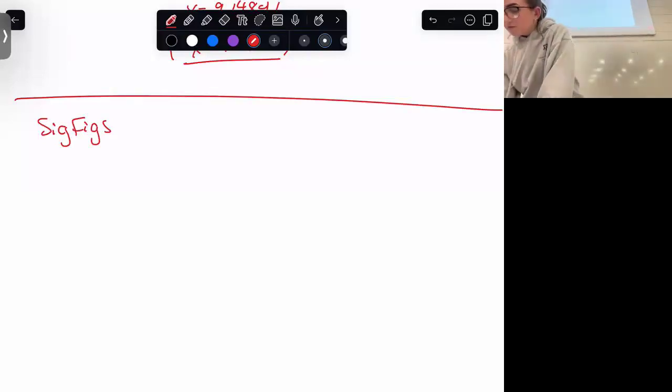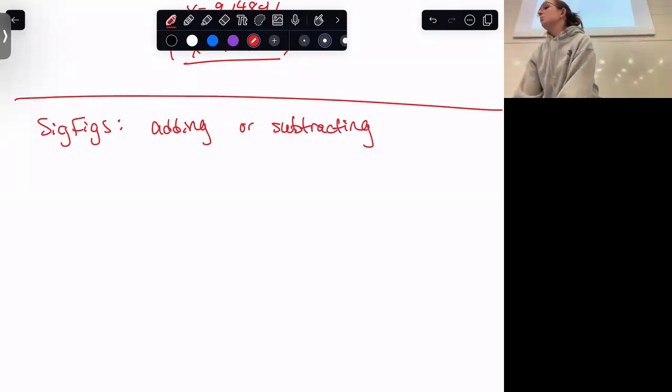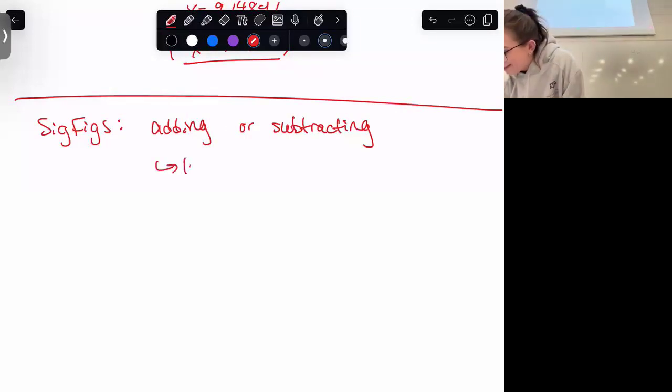When we look at sig figs, if you are adding or subtracting, what's going to be our rule? Yep, the lowest decimal count. You want your lowest decimal.